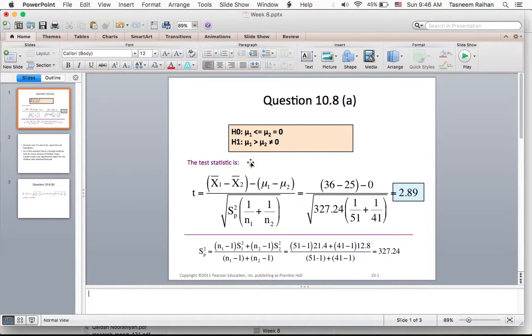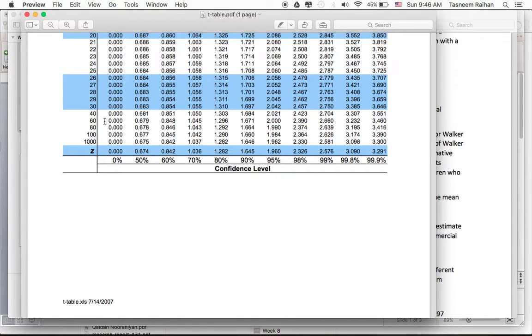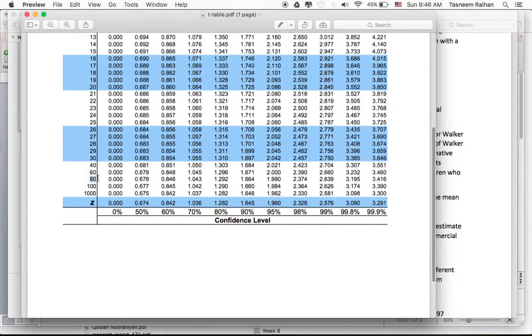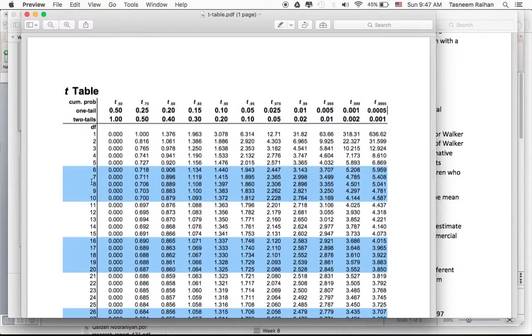For example, if this was a two-tailed test instead of a one-tailed test, that is, if we had written the alternative hypothesis as mu1 not equal to mu2, then the critical value would be, here you go, we have 90 degrees of freedom, so that's somewhere between 80 and 100. That's not going to change. But if we're looking at a 5% significance level, now because it's a two-tailed test, this 5% will be divided equally between the upper tail and the lower tail.